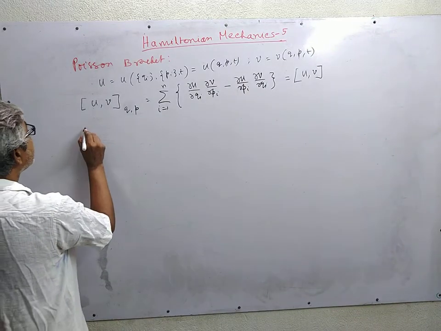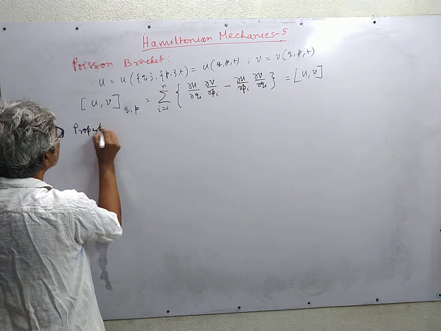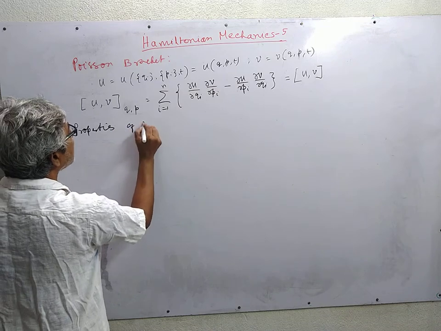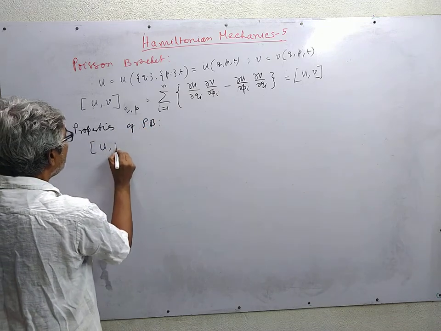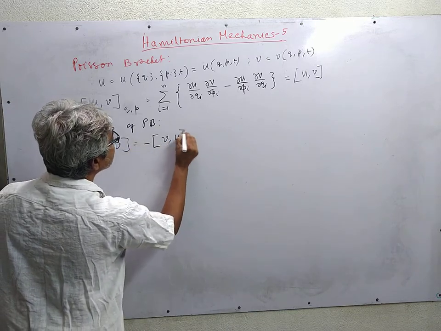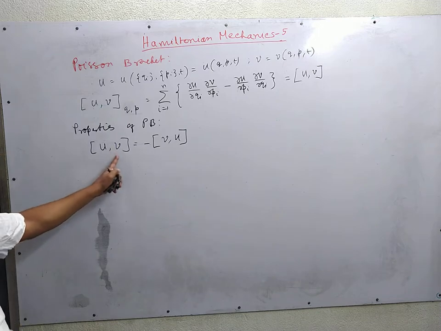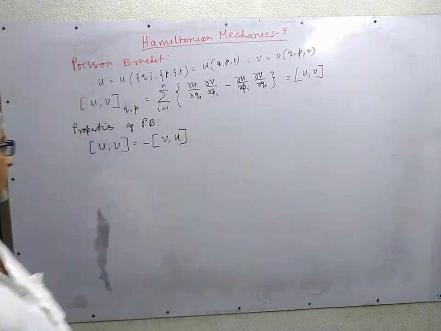One property of the Poisson bracket is this: {U, V} is simply minus {V, U}. If we interchange the variables, there is a change in sign.